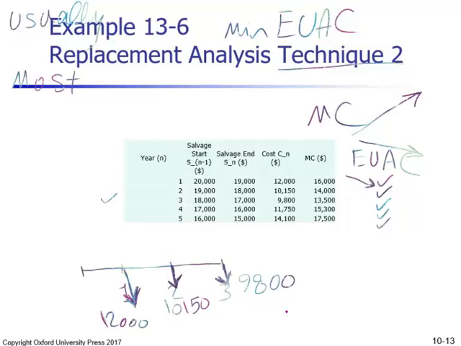What you are supposed to do, you need to convert these costs that are happening over 3 years into equivalent uniform annual cost.